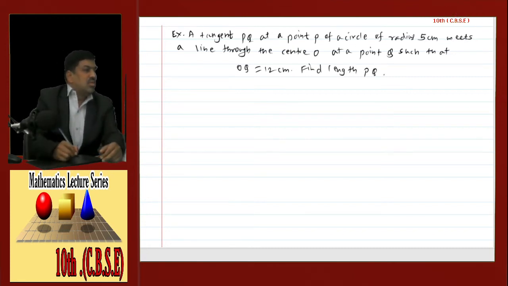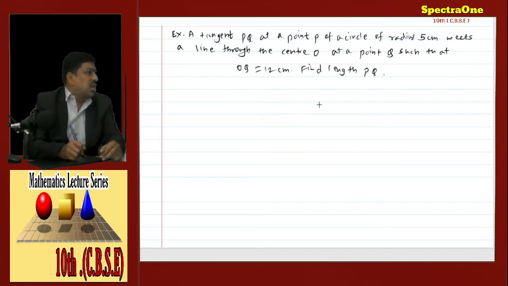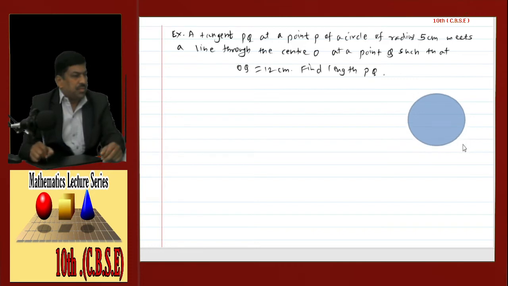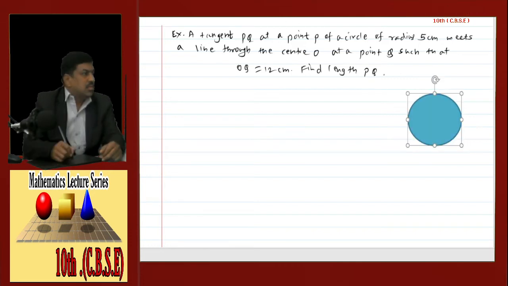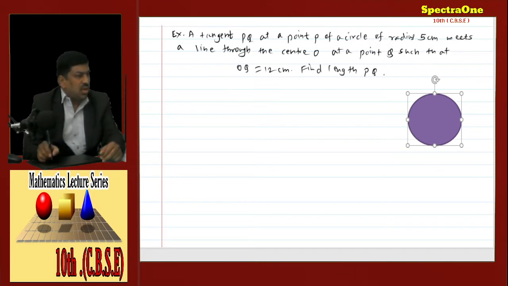Okay, so let us draw a circle so that you can get an idea. This is the circle. What is given? A tangent PQ at a point P of a circle of radius 5 centimeter.